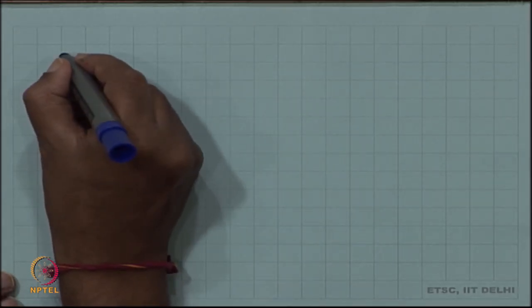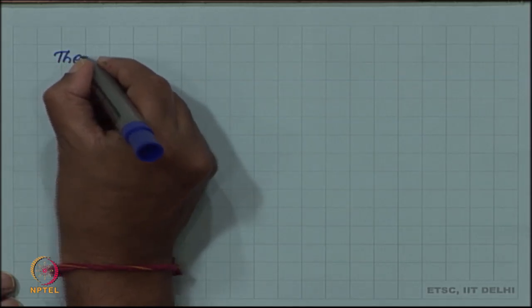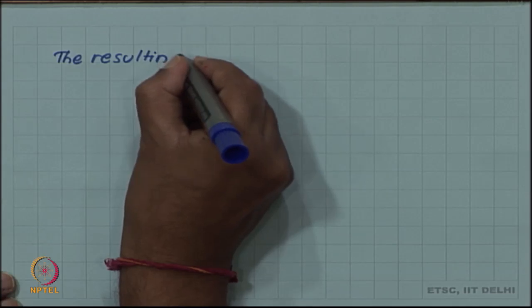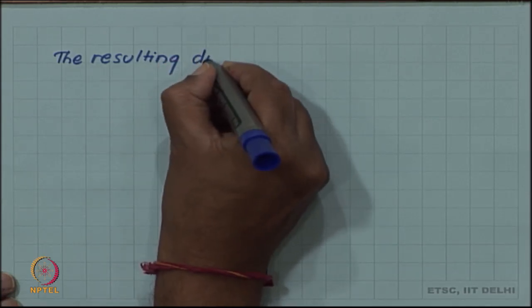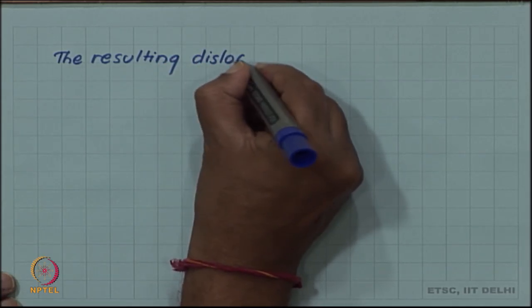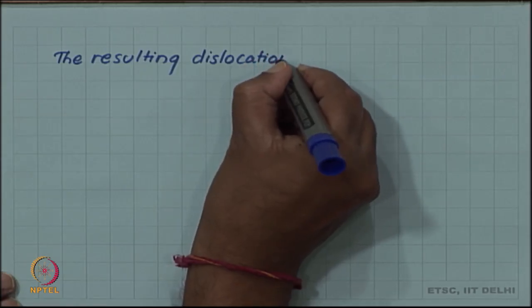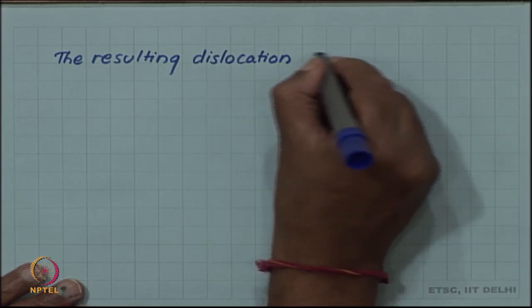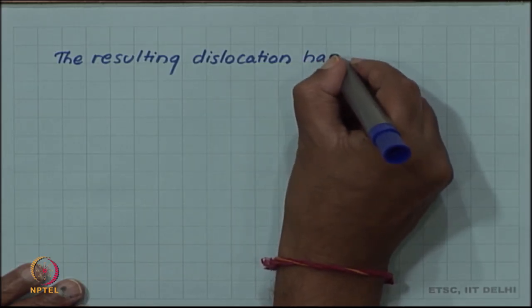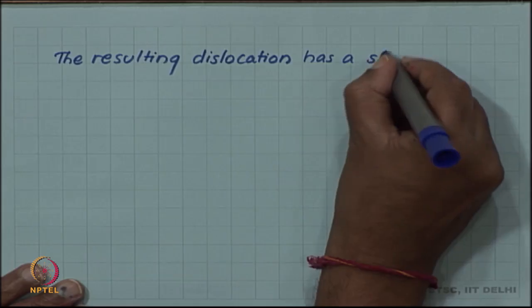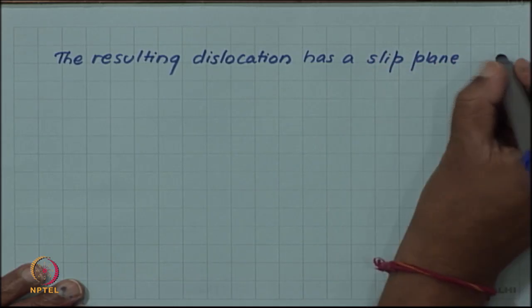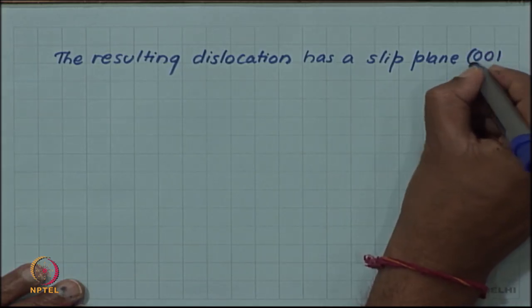that the resulting dislocation has a slip plane 001.